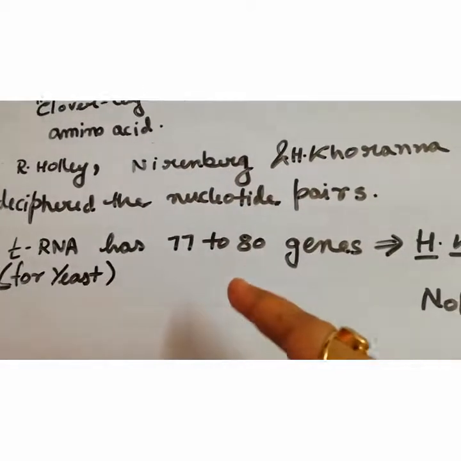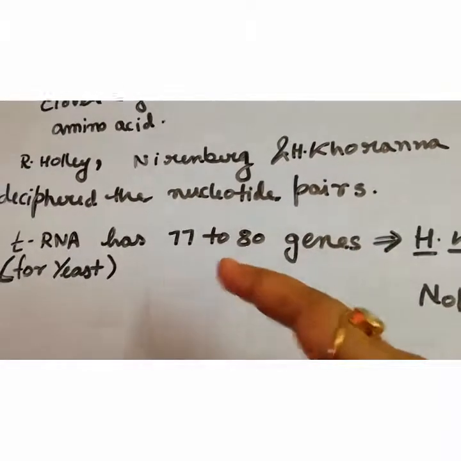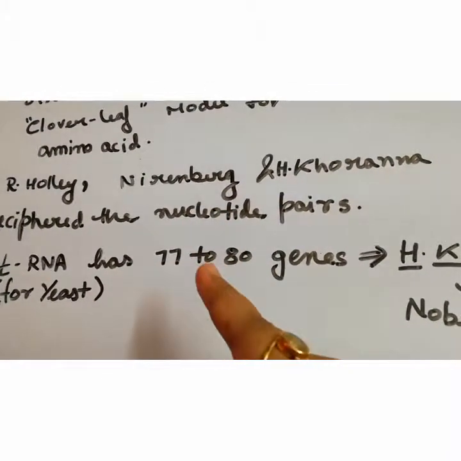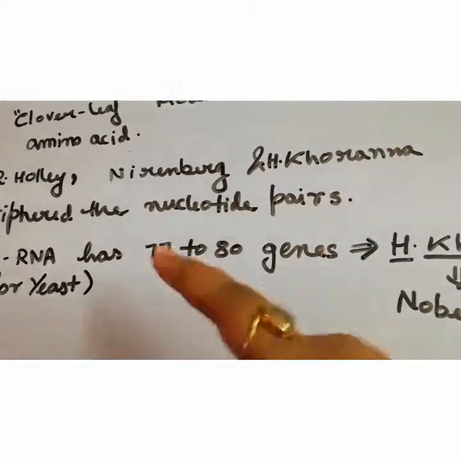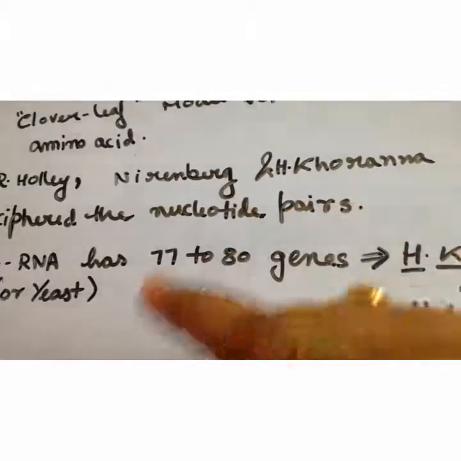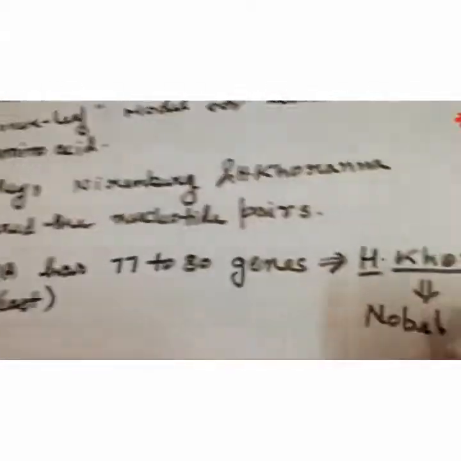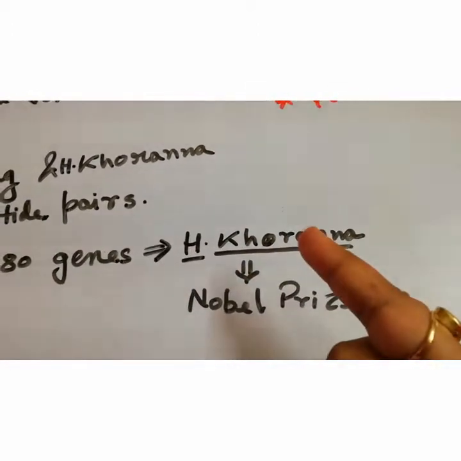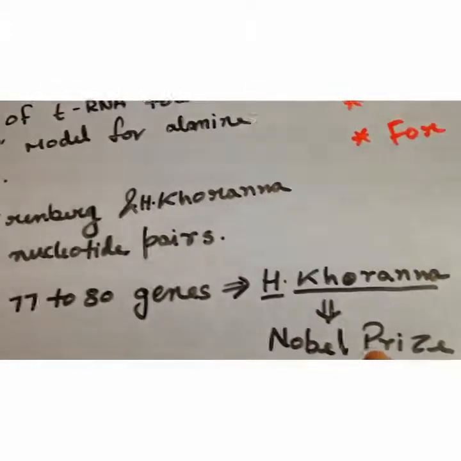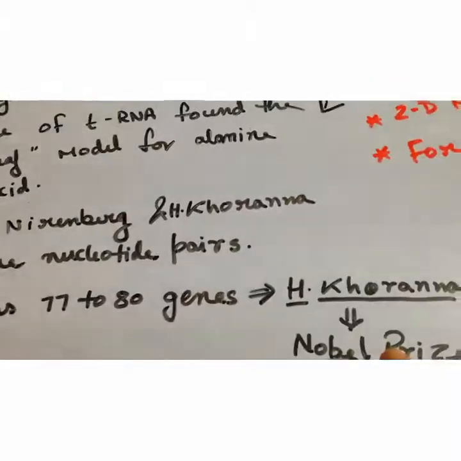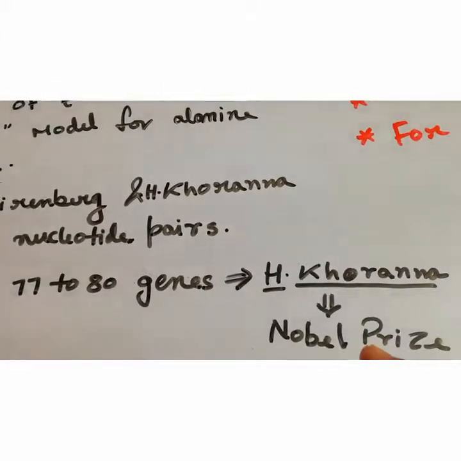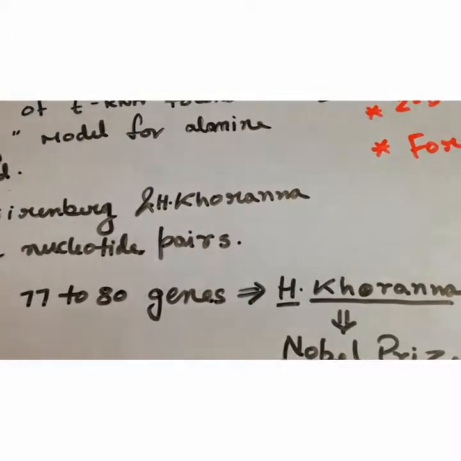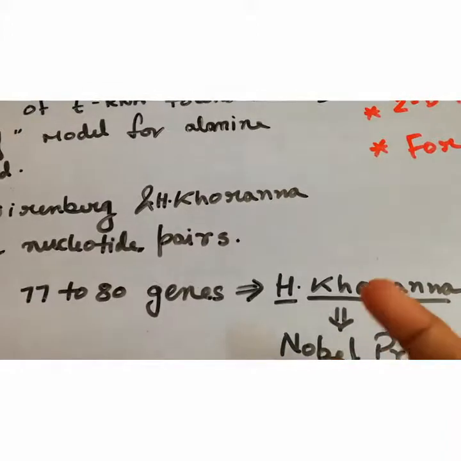tRNA has 77 to 80 genes, and this is for yeast. For yeast tRNA, there are a total of 77 to 80 genes, and this was first given by Har Gobind Khorana, for which he got the Nobel Prize. The contribution of Khorana is very significant when it comes to genes, genetic codons, or deciphering genetic codes.